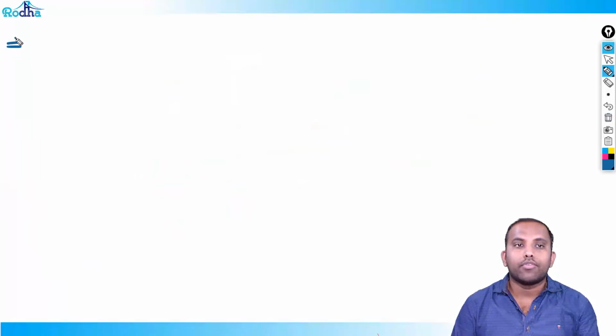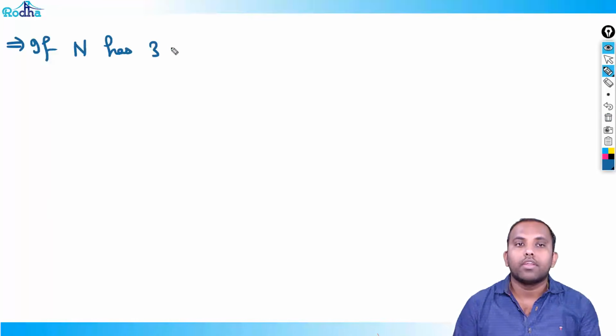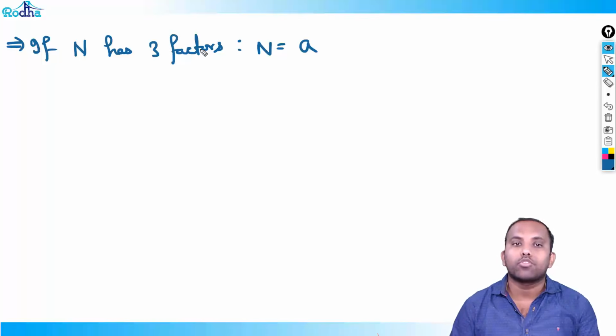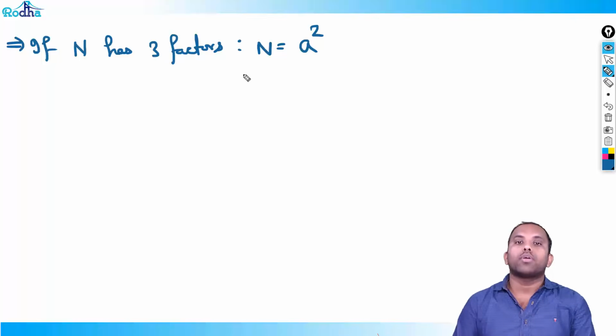Now see, if n has 3 factors, what is n in this case? So n is equal to a prime base. Let that prime base be a. 3 factors, so what is the power? Factors minus 1, so 3 minus 1 will be 2. So a square.